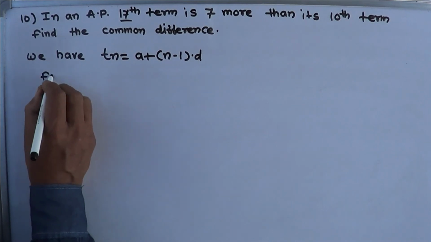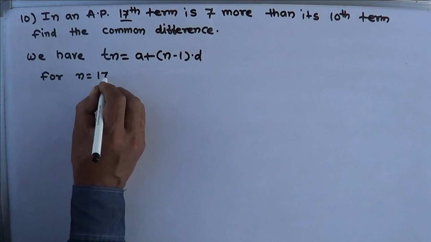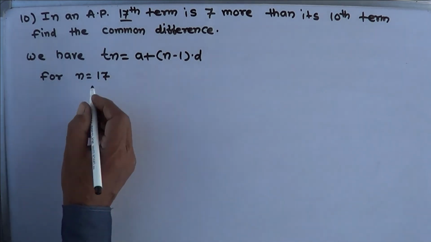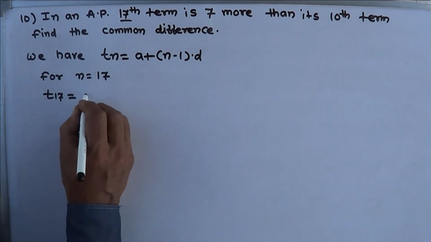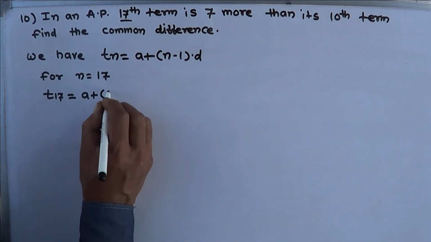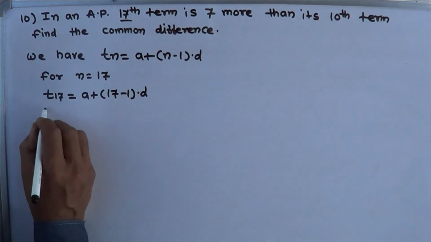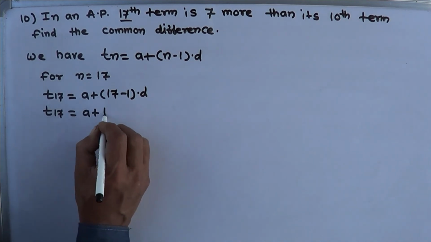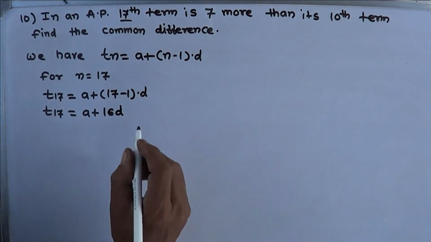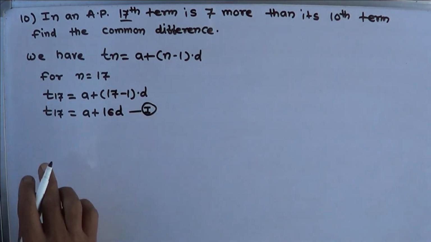So for n equal to 17, T17 will be equal to a plus 17 minus 1 into d, and T17 will be equal to a plus 16d. So this is our first equation, or this is our 17th term.